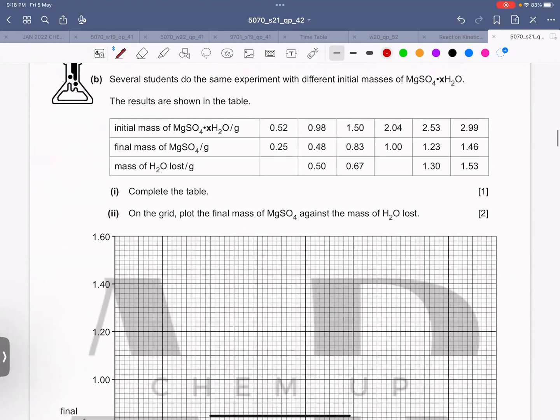Okay. B. Several students do the same experiment with different initial masses of magnesium sulfate.xH2O. The results are shown in the table. Okay. First, what they are saying. Complete the table.